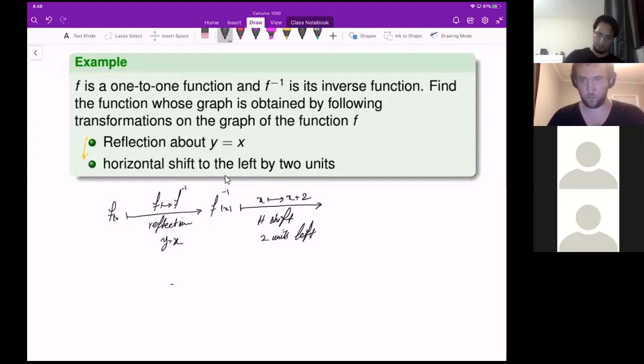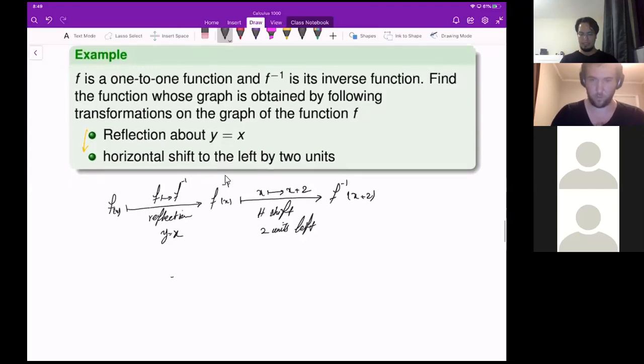This means that what we are trying to get is the graph of the function f inverse of (x plus 2). So that's another operation which only works for one-to-one functions, meaning that you replace that guy by the inverse of the function, so that we can put more things in it.